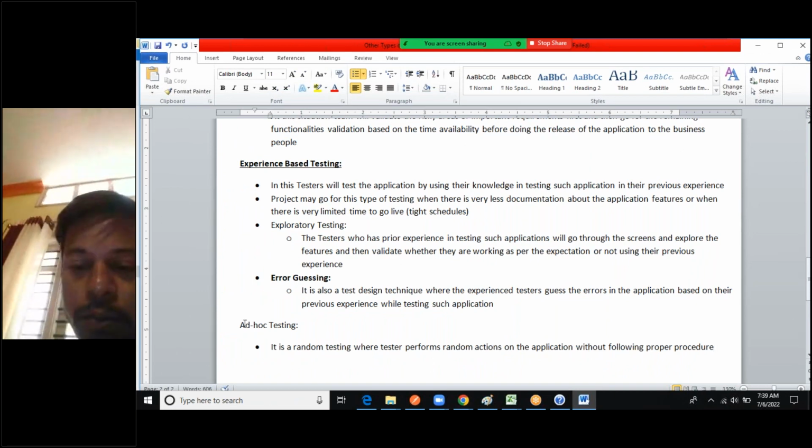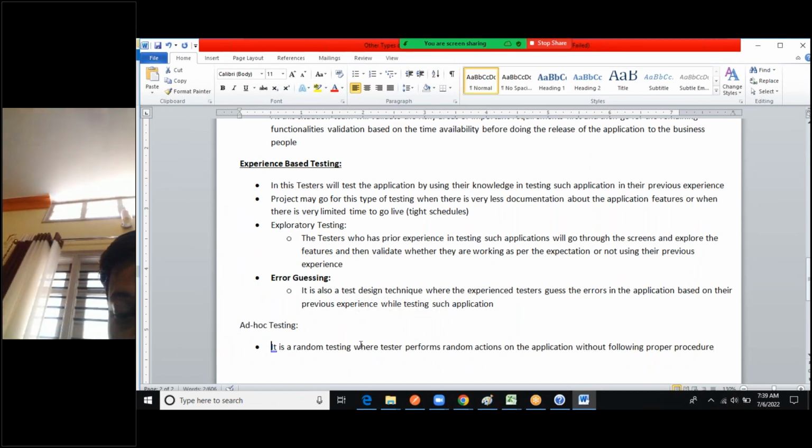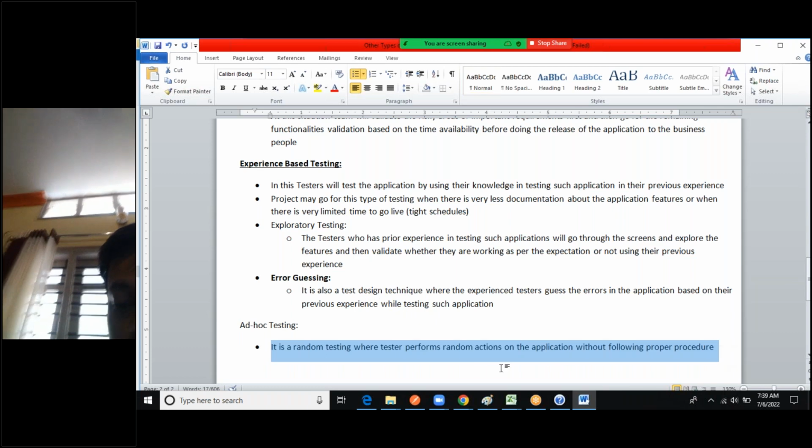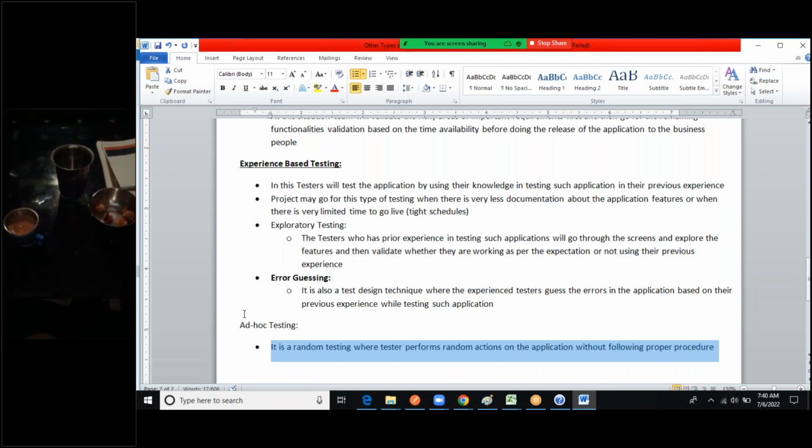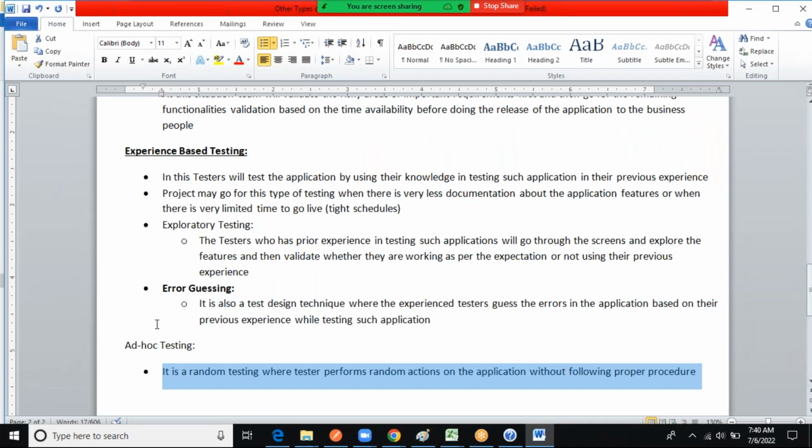So what is the purpose of this one? The major reason for doing this ad hoc testing: in the principles of testing, I was telling the absence of errors or defects fallacy, the last principle we discussed, right?